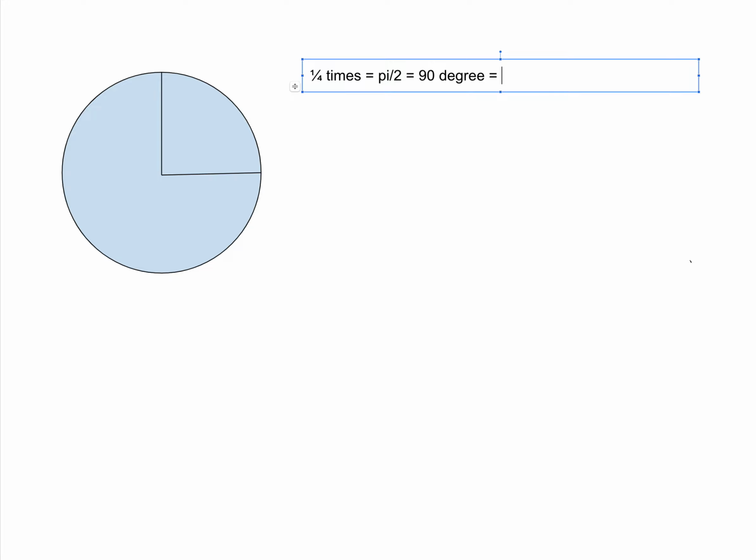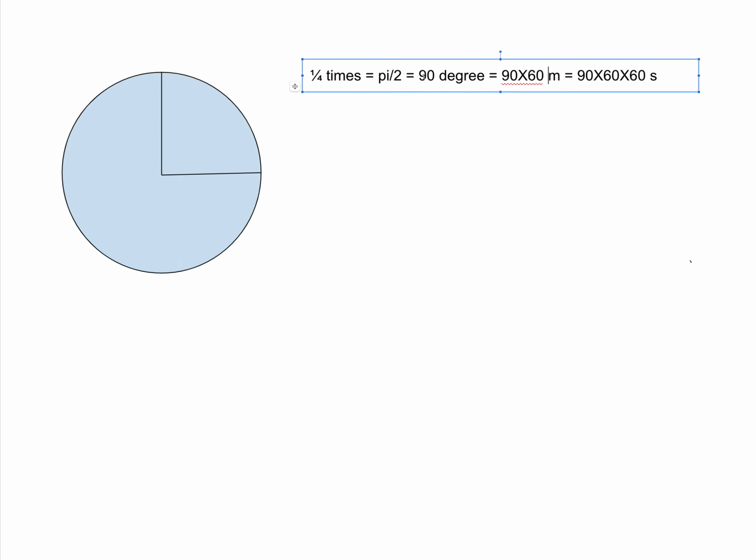Suppose I want to convert it into minutes, it will be 90 multiplied by 60 minutes. And if you want to convert it into seconds, it will be 90 multiplied by 60 multiplied by 60 seconds. So 90 degree is 90 multiplied by 60 minutes.